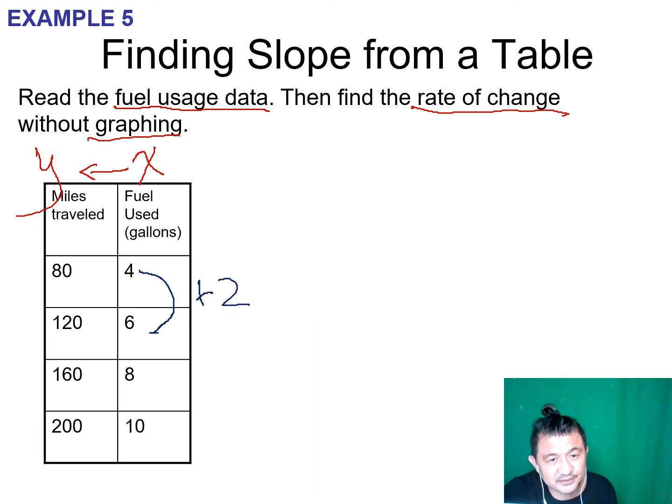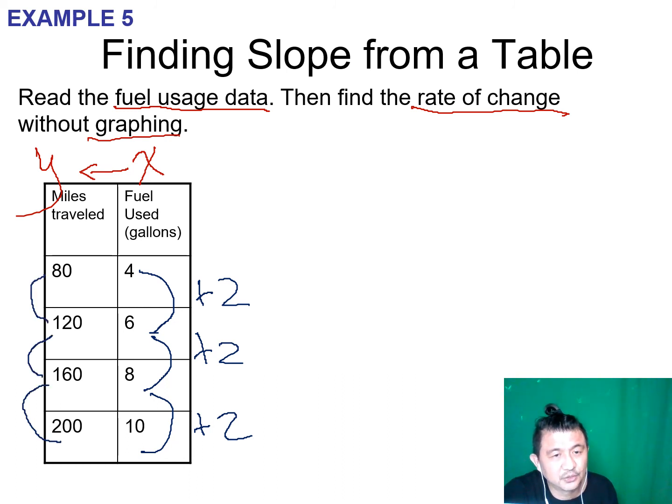See, you're subtracting already. 8 minus 6, there's always a plus 2. That's the y2 minus y1. Okay, now, how about the x? The change of x. What happens? It goes up by 40, right? 160 minus 120 is 40. 200 minus 160 is 40. It goes up by 40.